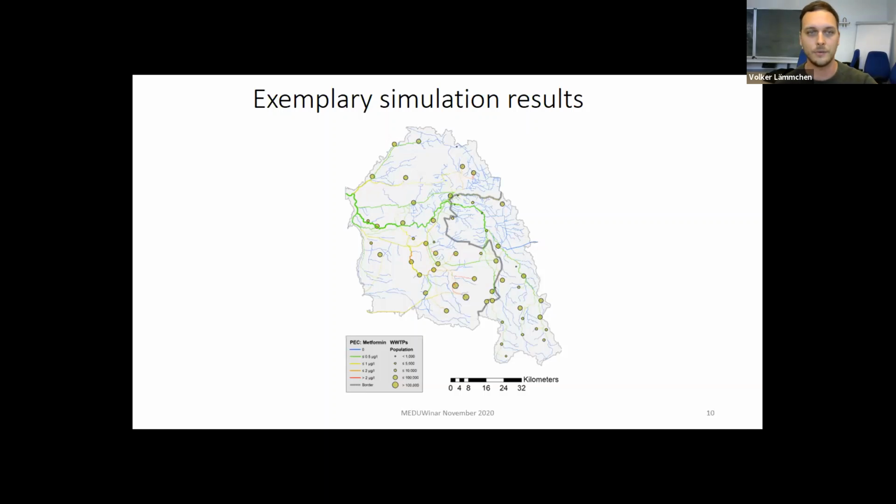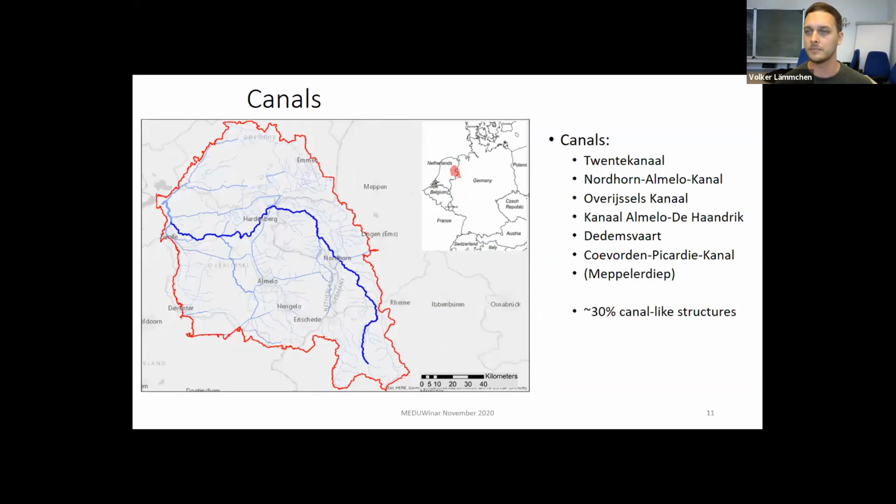But in the case of the Vecht catchment, it's not that easy because we have a highly anthropogenically influenced catchment where things are not behaving normally. This means two different things. First, we have lots of canals in the catchment, especially in the Netherlands. As you can see with all the names on the right side, we have big canals like the Twente Canal, for example.